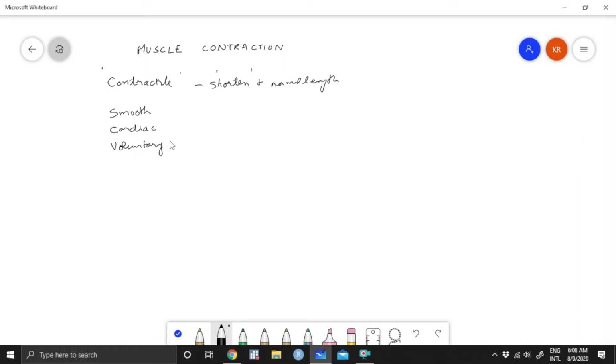This voluntary muscle is also called striated muscle, and therefore the smooth muscle is also called non-striated.